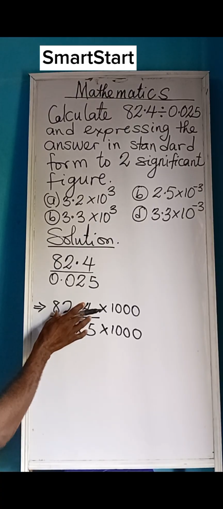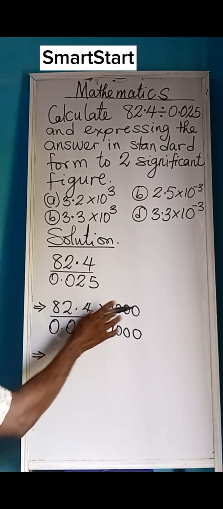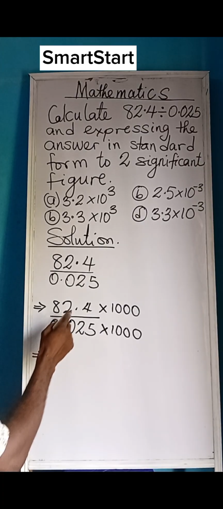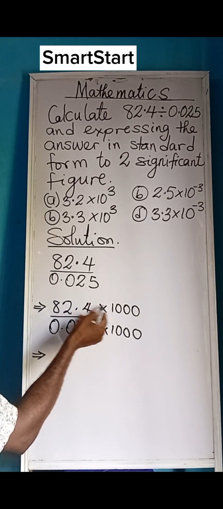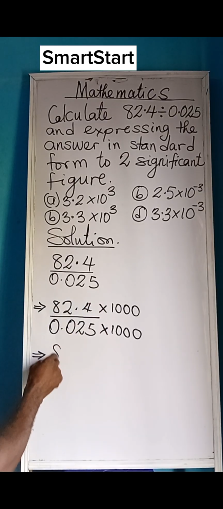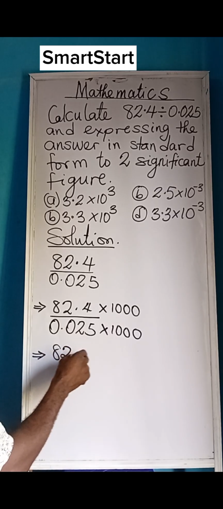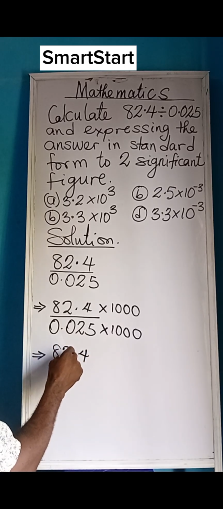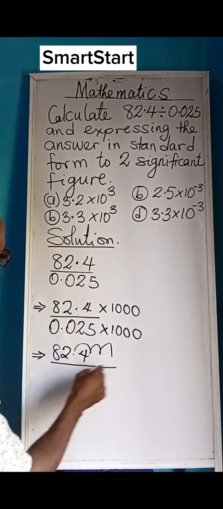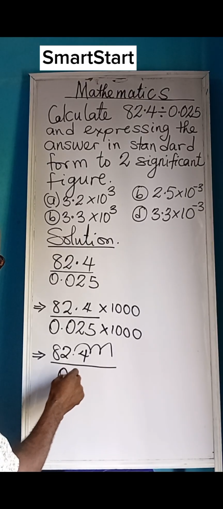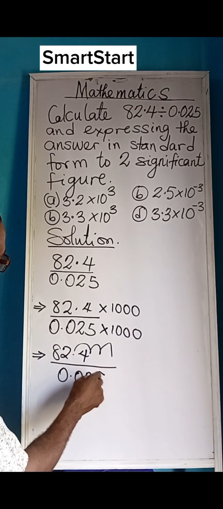Now, when you multiply 82.4 by 1,000, the decimal point will move to the front 3 times. 1, 2, 3. You now have, let me show it, 82.4, you have 1, 2, 3 over 0.025.